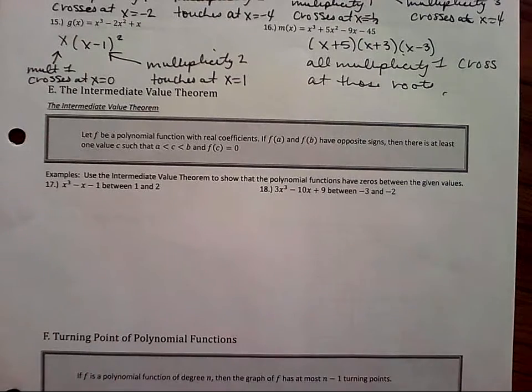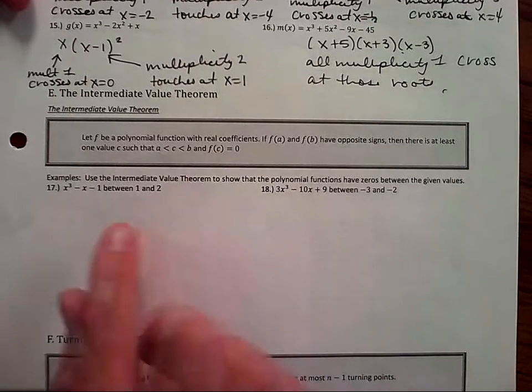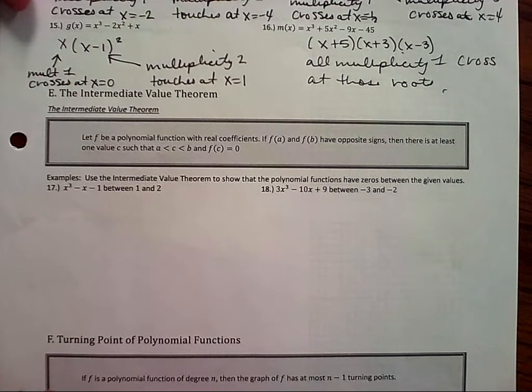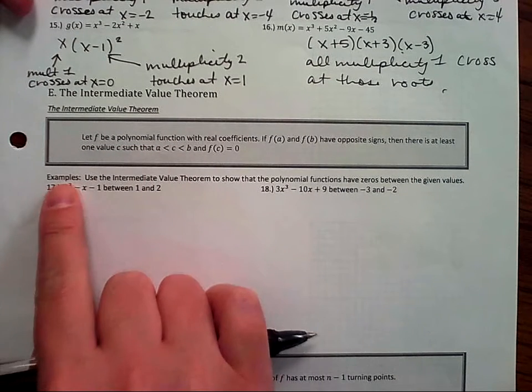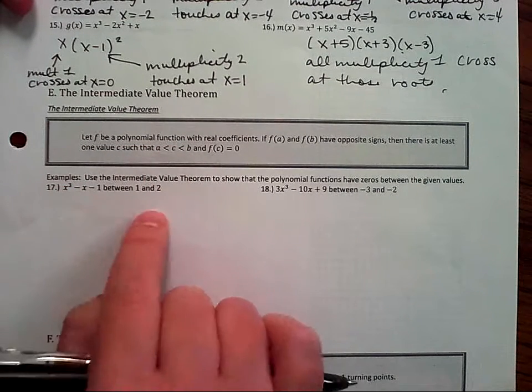So this says, use the intermediate value theorem to show the polynomial functions have zeros between the given values. So what do I need to do? I just need to say, okay, it's a polynomial. Yep. Whole number, non-negative exponents.